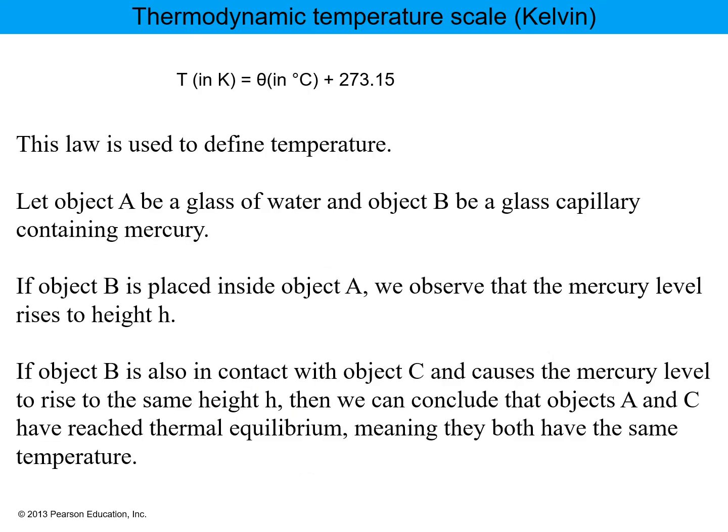This slide shows the explanation of the previous slide, which is related to the Zeroth Law of Thermodynamics. In this slide, you can also see a conversion of the unit of temperature from degree Celsius to Kelvin.